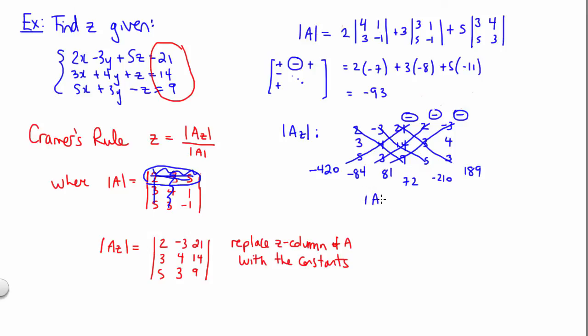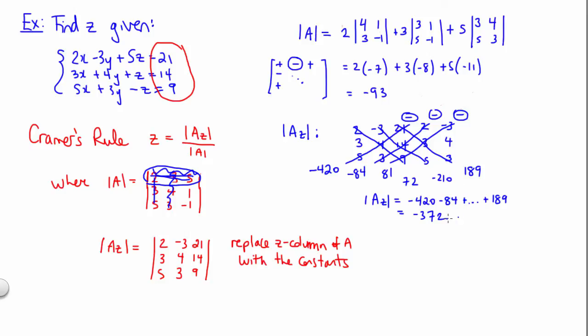So the determinant of Az is then just the sum. We add up these 6 numbers, -420, -84, plus, just adding up all these numbers up to 189. That gives us -372.